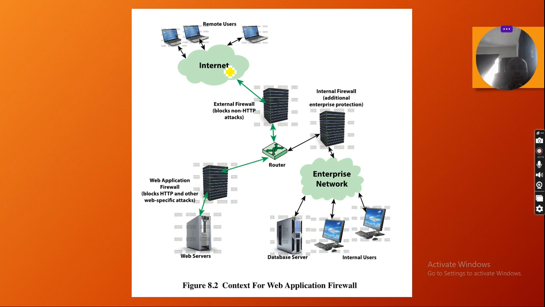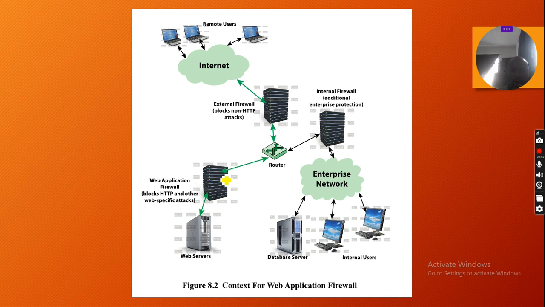Now let's take a look at this. This is the internet. These are remote users. This is an external firewall. And then here is another one, called the internal firewall, for enterprise protection, to provide protection for this enterprise network. And then we have another one called the web application firewall.